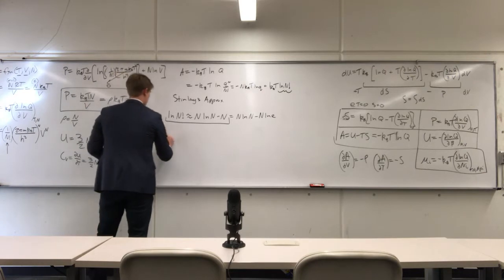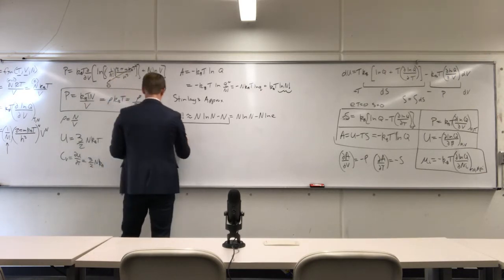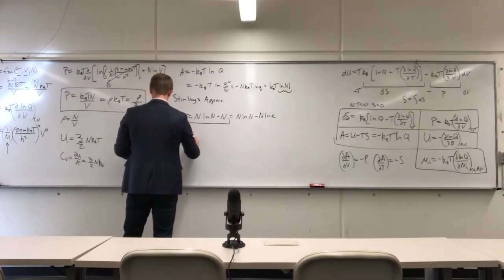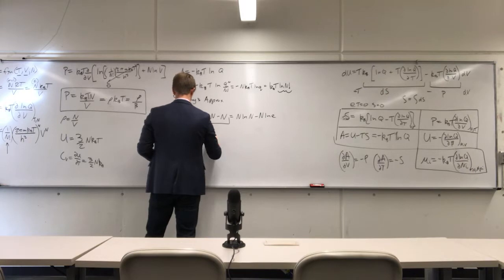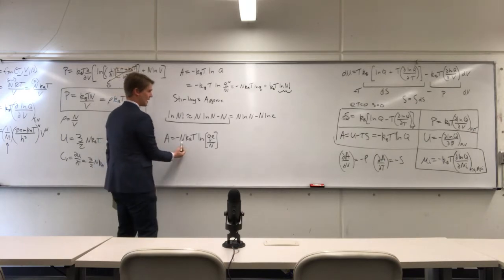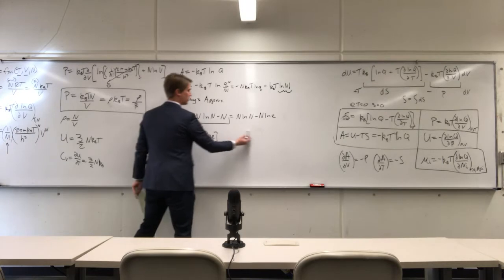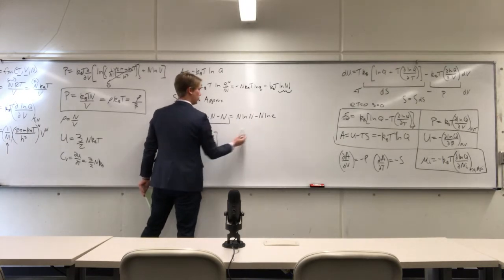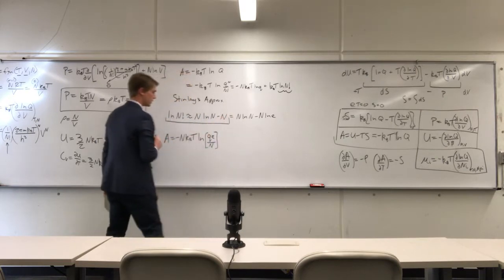So with this approximation, we can write the Helmholtz energy. Effectively what we're doing here, this n times natural log of q e over n, is just this expression right here. That's where we get the e and the n, and then we subtract it out and all that kind of stuff.